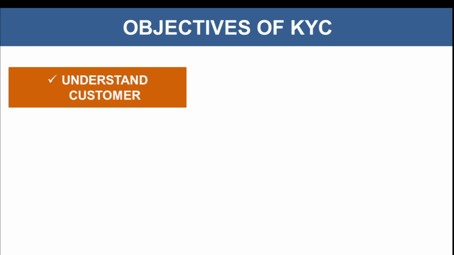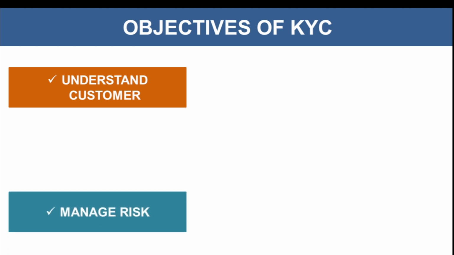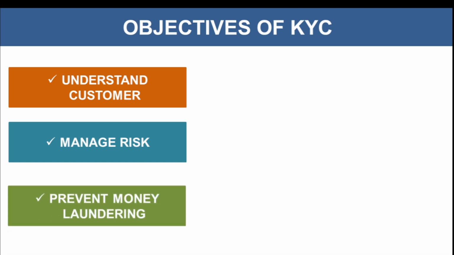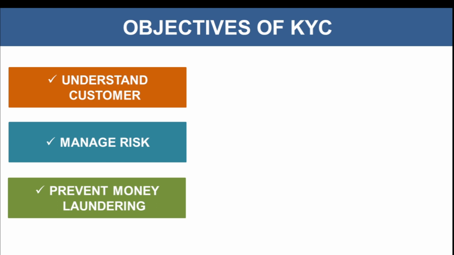Let's talk about some of the objectives of KYC. The first one: understanding the customer, managing the risk involved in the transactions, and preventing any kind of money laundering activities. Often criminals try to use certain customers' accounts to do fraudulent activities, to convert their illegal money into a legal source of money by making it go through the financial companies and the banks.